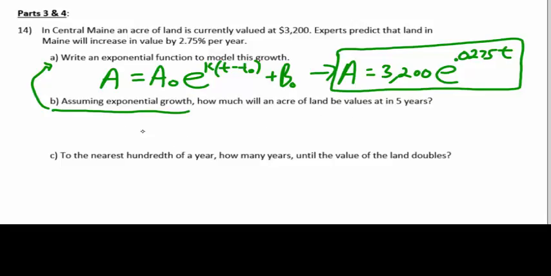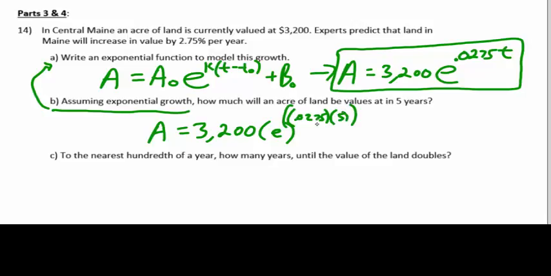So that's just putting in the time, right? 5 for time. All right, so 3,200 e to the 0.0275 times 5. Make sure you got the parentheses in there correctly. And that is $3,671.69. So that's that one there.